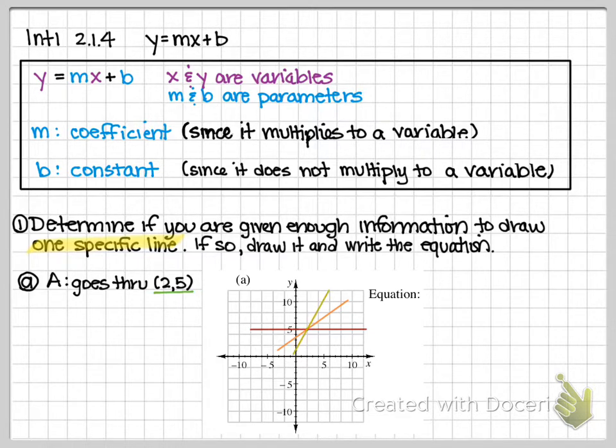Maybe it has an undefined slope. You see, I could sit here and come up with a whole bunch of different graphs. Maybe there's a negative slope. There's too many choices here. So based off of the fact that I was given one point, that's not enough information for me to write one single equation.